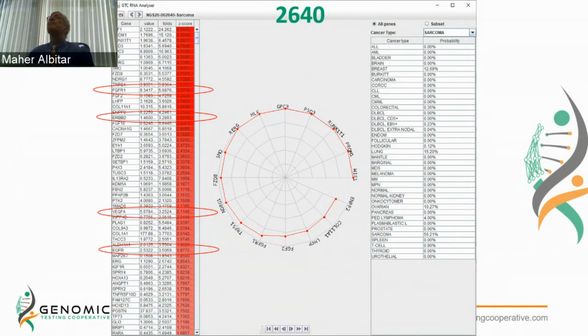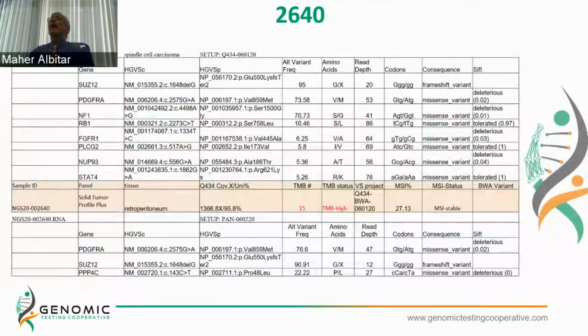Next slide. Now, if we look at the mutation profile, as you can see, there's also a mutation in the PDGFR alpha in addition to the other genes, and the FGFR1 is also mutated.